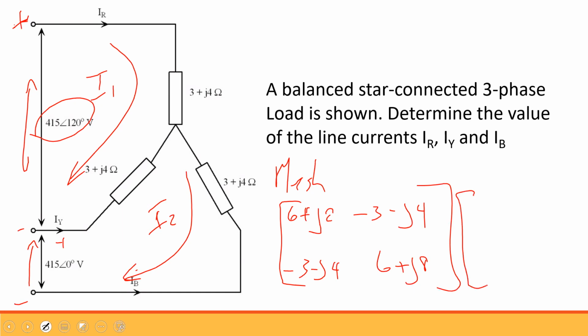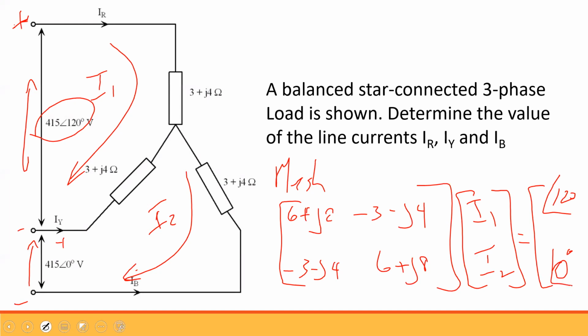All right. And then we'd have I1 and I2. For the upper one, it would be 415 at angle 120, and down here, it would be at angle 0. Fair enough? And so we can find I1 and I2, and from that, we can find our currents.